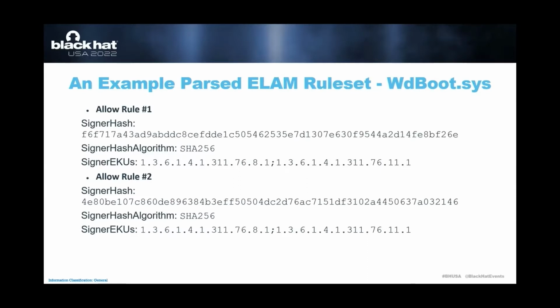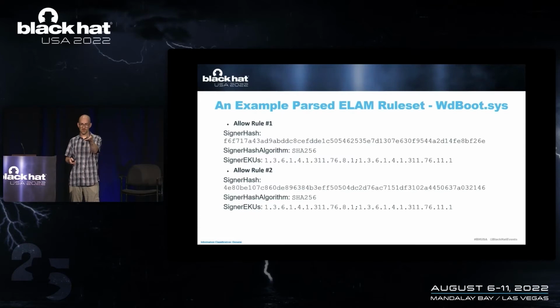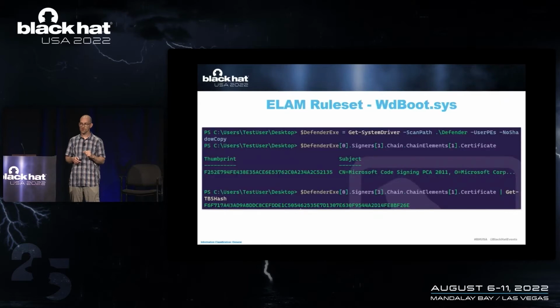The leaf certificate is what signs the code. But this says if any of those are anywhere in the certificate chain, then it's allowed to run. With one caveat, the leaf certificate in this case must have both of those EKUs present in the binary when it's signed. So let's look at one such binary that is signed and meets all of those prerequisites.